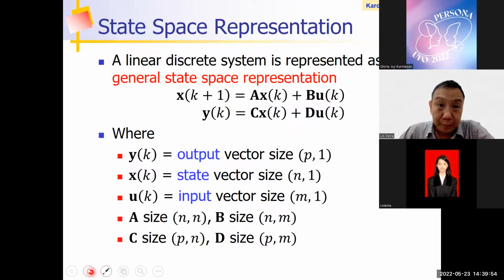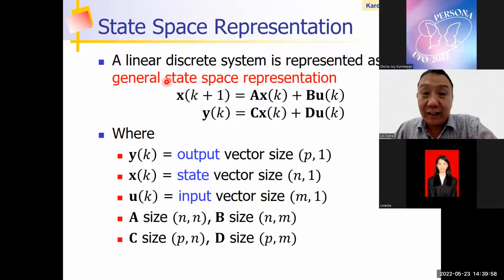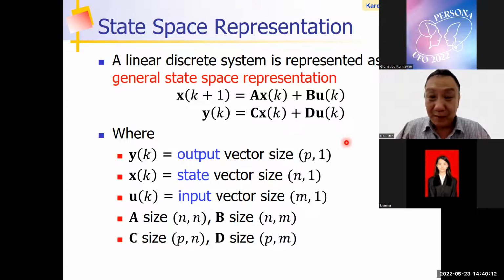So this is the general state space representation. This is the thing that you need to memorize. Any system, as long as it is linear, you can represent it with this equation.